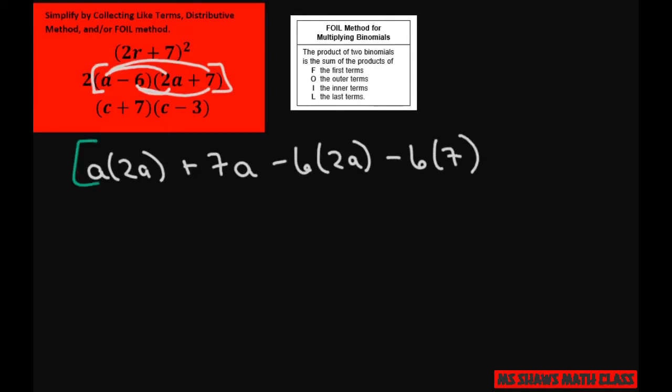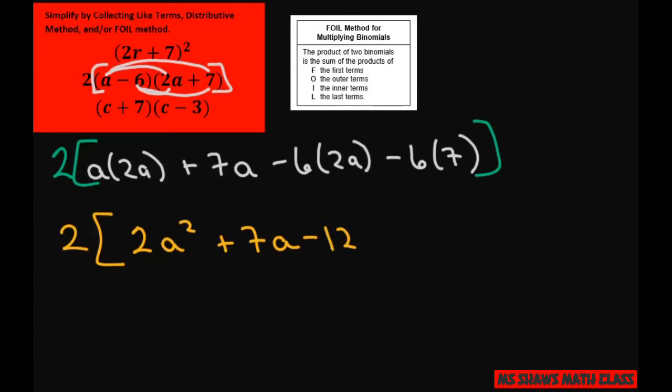And then we want to eventually multiply this through by 2. So it's going to be 2 times 2a squared plus 7a minus 12a minus 42. Now we can always add those two middle terms there.